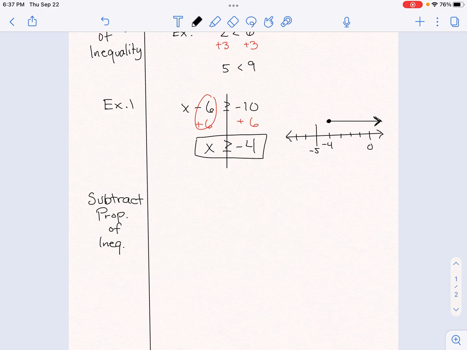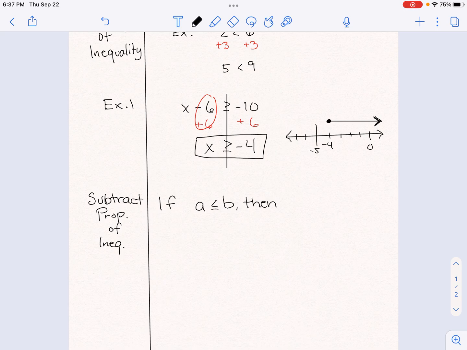The theorem here states that if, we'll create any relationship here, it doesn't matter, let's say A is less than or equal to B, then I can subtract something from both sides and it'll still produce an equivalent inequality.